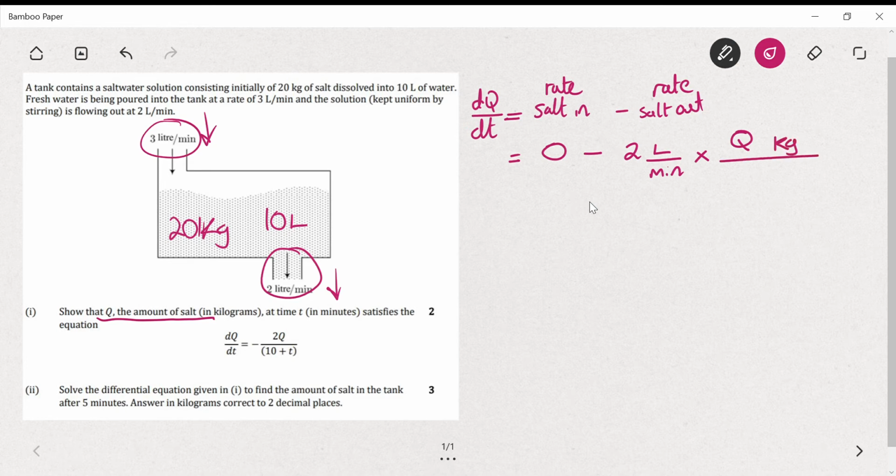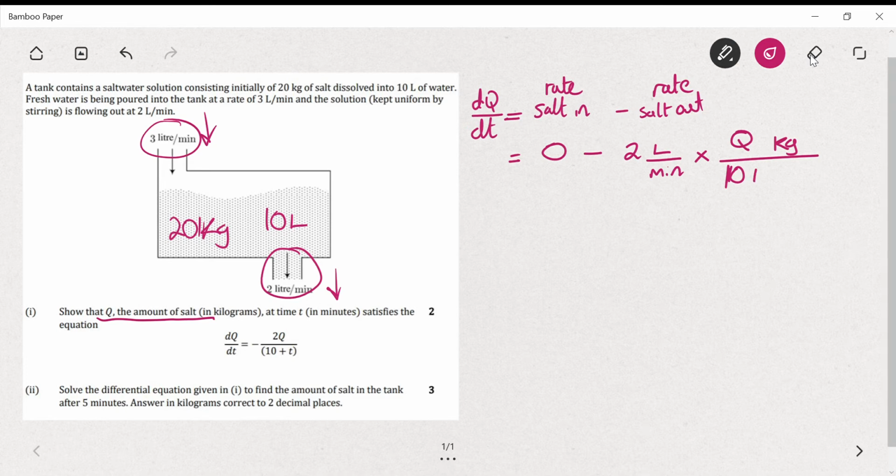per, now the concentration is Q kilograms in, well, there's 10 litres at the start, so that's why I've got 10 here. But we have 3 litres going in per minute and 2 litres going out per minute, right?